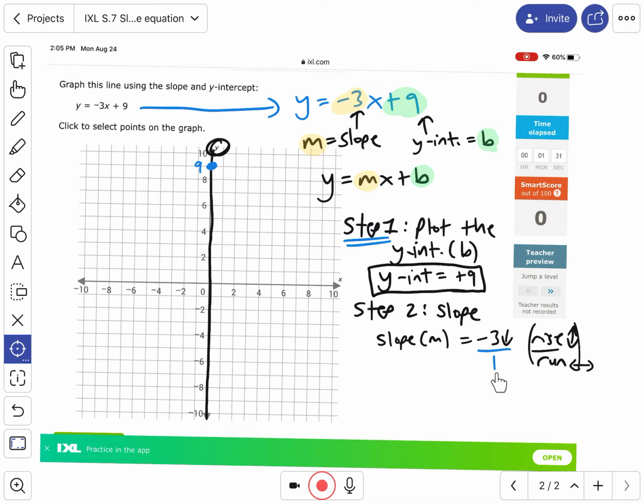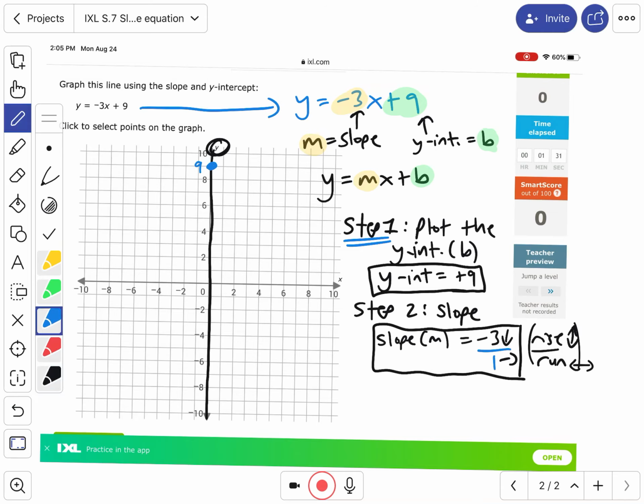Because we just added a 1 there, it's a positive 1, so positive is going to go right, not left. So let's put a right arrow. Now we are going to apply this slope, which is down 3 and right 1, from the point that we just put.